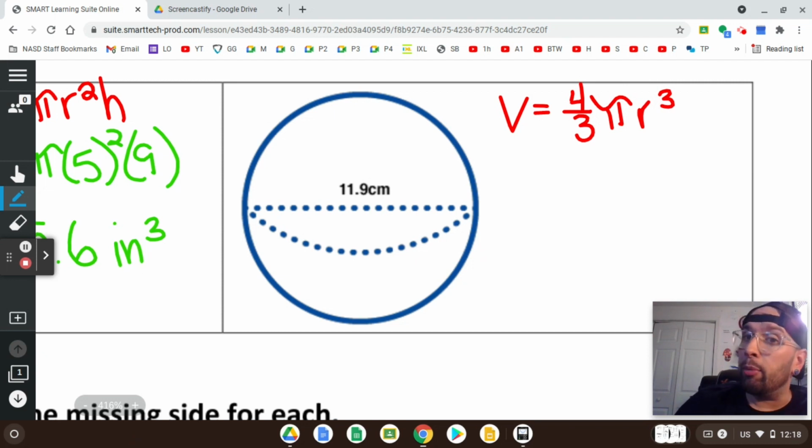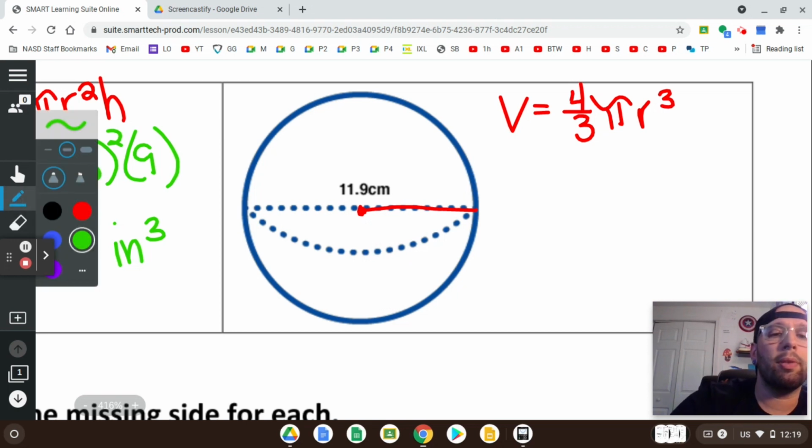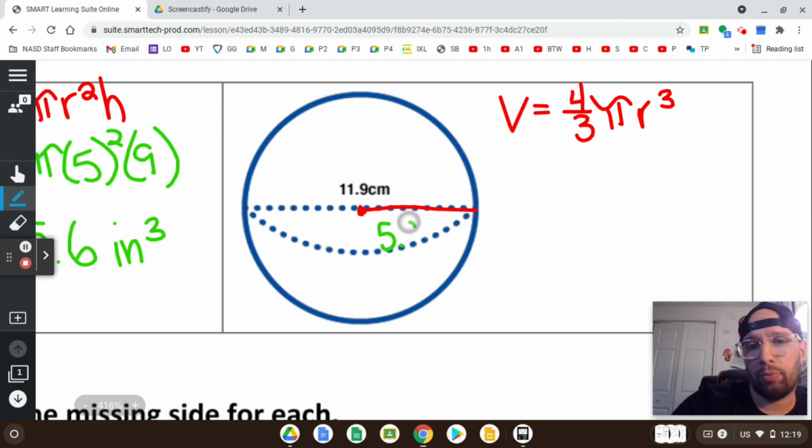That's the diameter. We want the radius, which means you take that number and you divide it by 2, and that'll get you 5.95. So whenever you're given the diameter, divide it by 2.